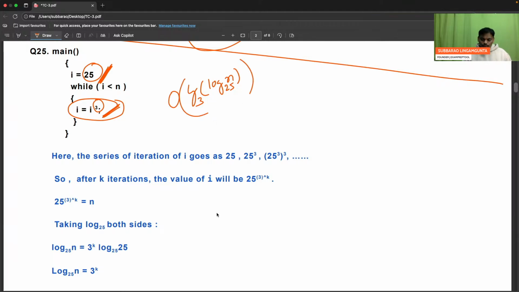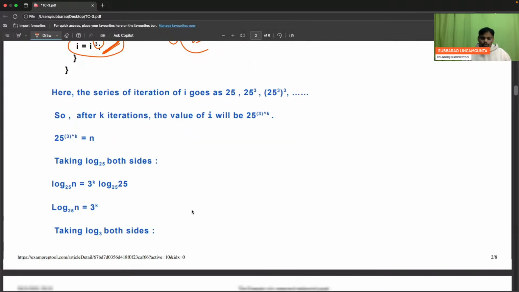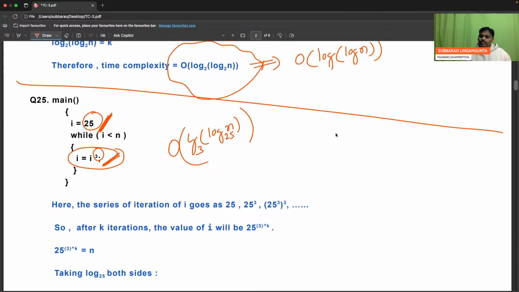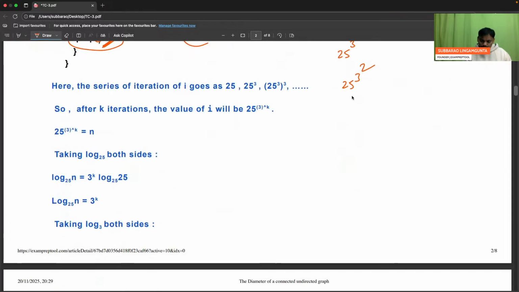If you want the proof, it is also available here, you can check properly. So how will the series start? Very simple. 25 here. Next one, 25 power 3 power 1. Then 25 power 3 power 2. Check properly if you want. Continue k times: 25 power 3 power k.